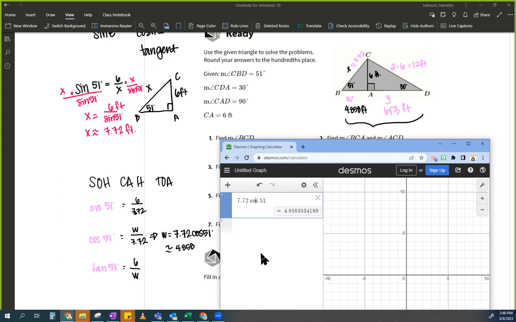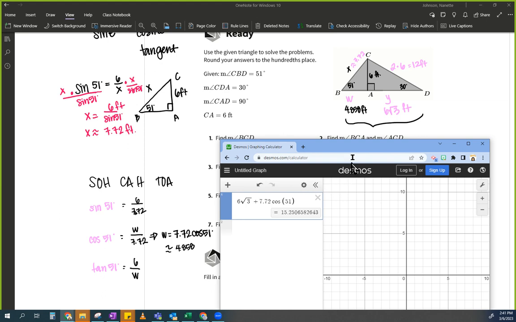If you add it back here, most likely cosine won't grab it, but just to be safe, I'm going to put 6 square root 3 in front and add it to that. So the whole thing is about 15.251 feet. That is what I found for BD.